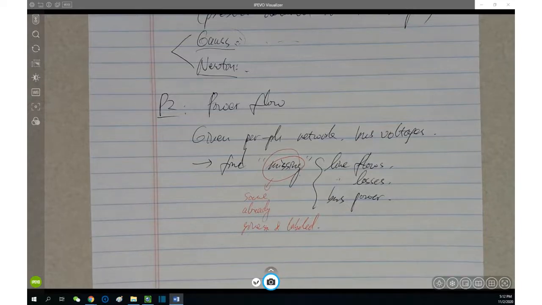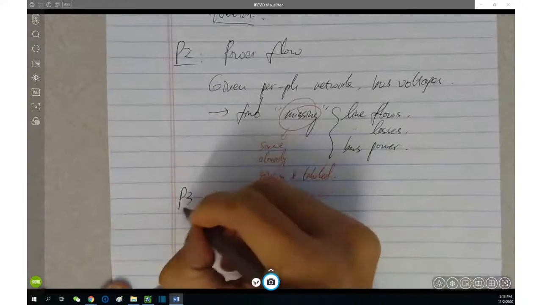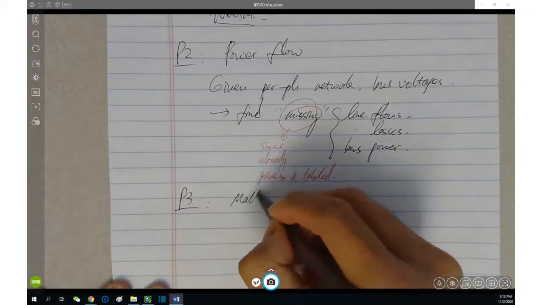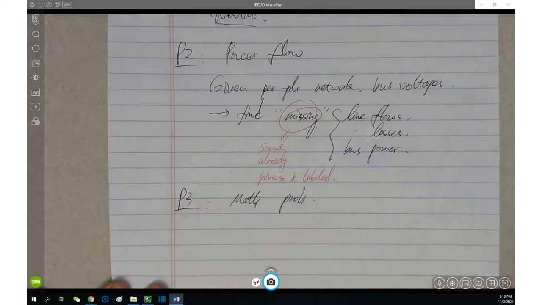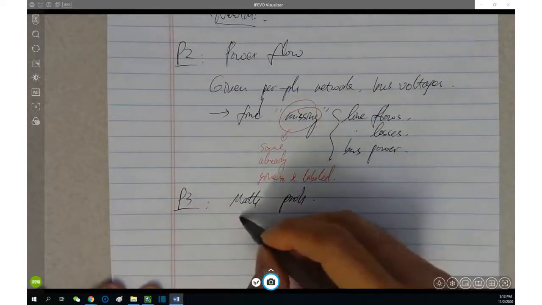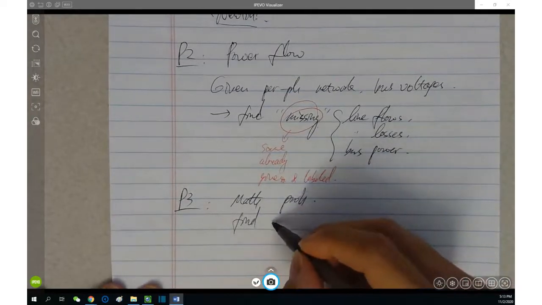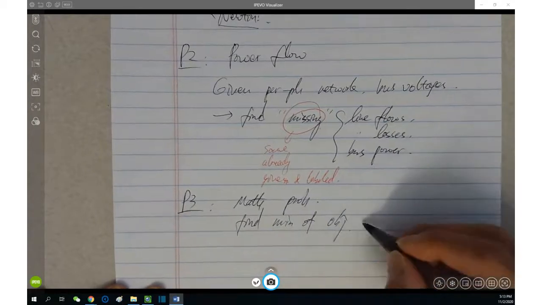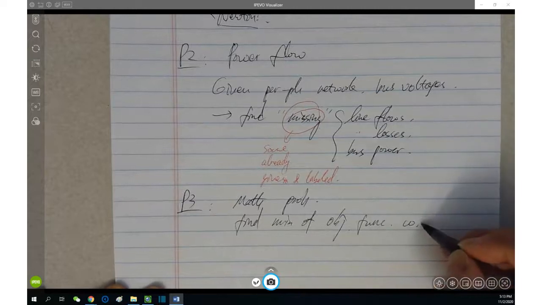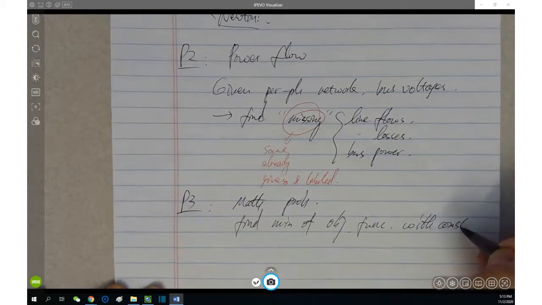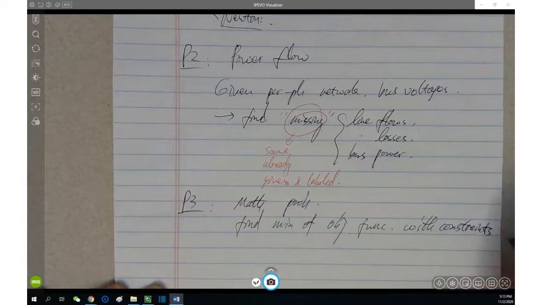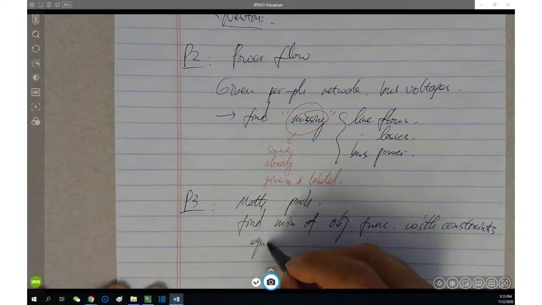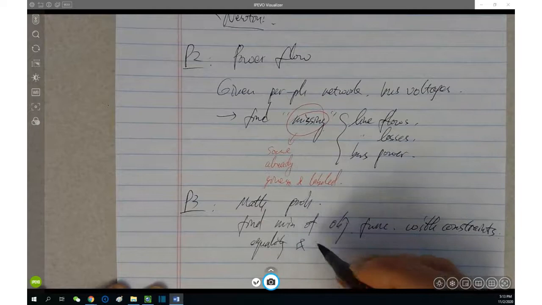This is problem two. Problem three, once again, is this problem: find the minimum value of an objective function with constraints, maybe equality and inequality.